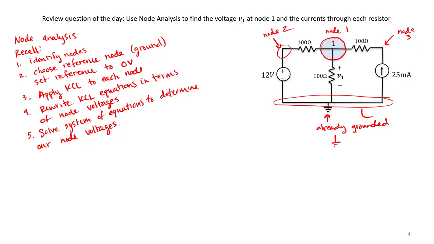Notice we're given this ground sign, so we will use this node as our reference. So we assign this node a voltage of 0 volts. If you're not already told which node to use as a ground, it's a good practice to use one that's connected to a lot of things. That way you can set a lot of things equal to 0.